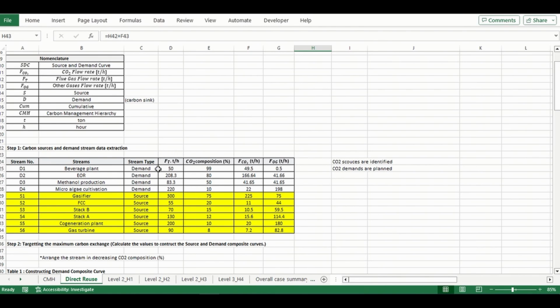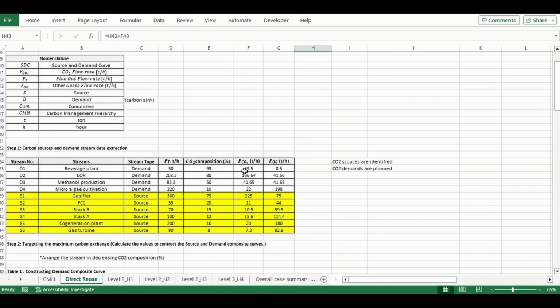Based on the total flow rate and the CO2 composition, we can individually identify the flow rate for CO2 and for the other gases. All the flow rate units from the review paper are in tons per hour.